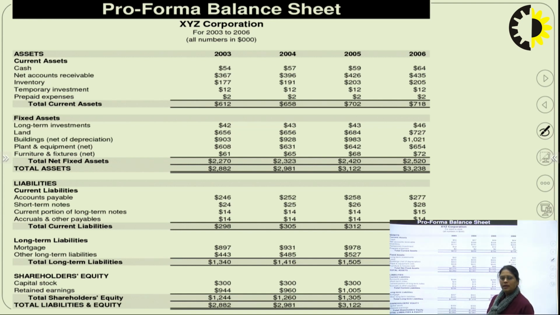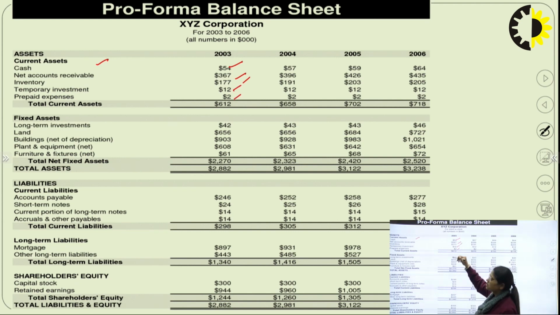So, for example, here we have put the value of the current assets. The current asset here is cash, the value of this cash is $54,367, account receivable $177, temporary investment.